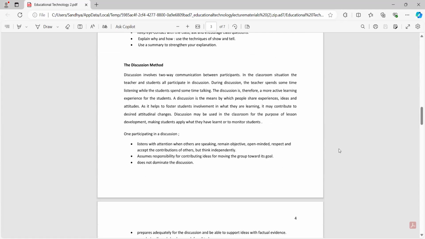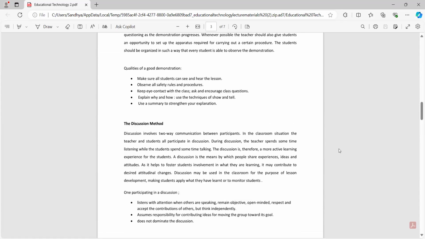Then we come to the next, the discussion method. What do you think of the discussion method? Is it a teacher-centered or a student-centered approach? Student-centered. Yeah, because there is actual student active participation.